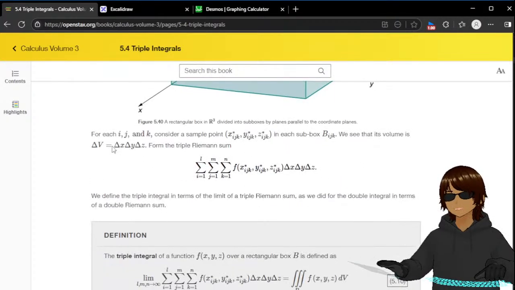We see that its volume is delta x, delta y, delta z. From the triple Riemann sum we get this. So what is this exactly? This is the volume. What is this?